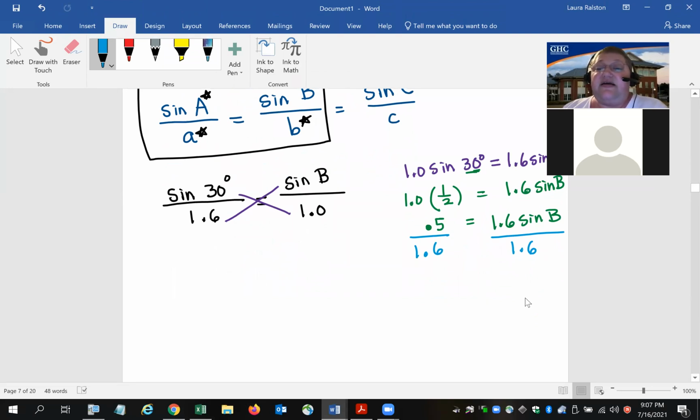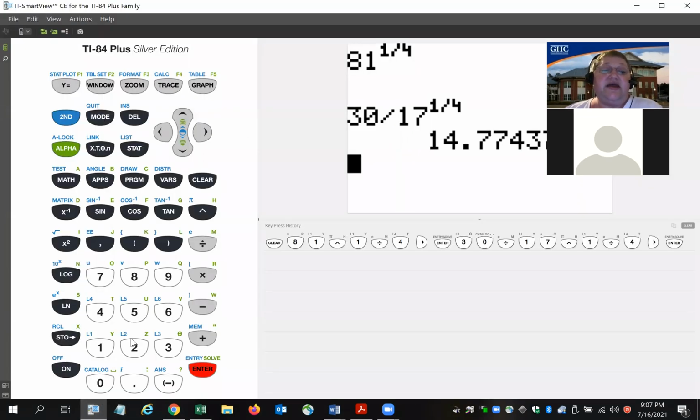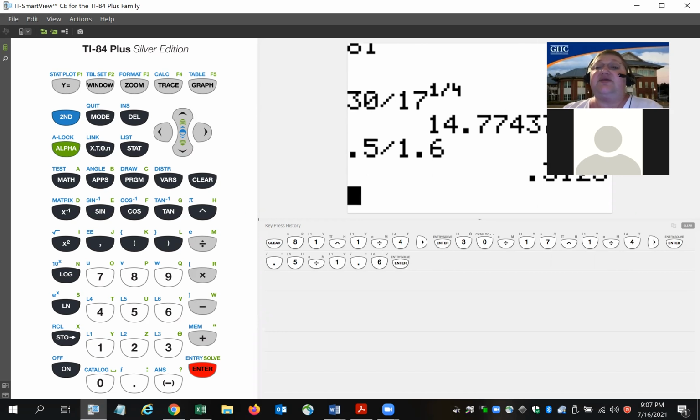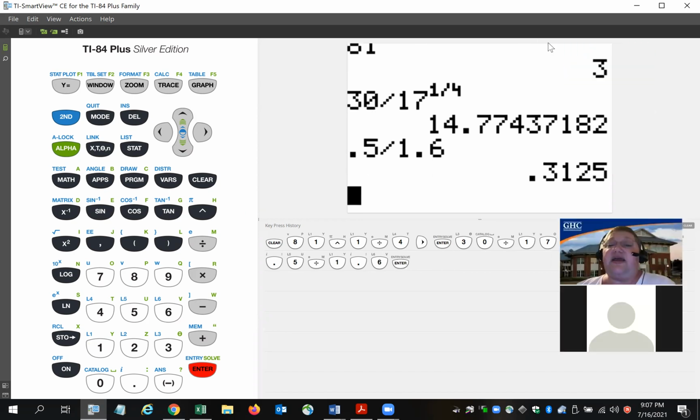So I have the sine of b equals, let me go to my calculator because I don't want to do that in my head. We would have 0.5 divided by 1.6, enter, and that equals 0.3125.